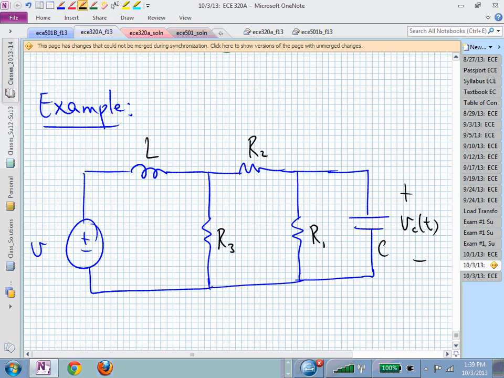You could have two inductors and you'd still have two energy storage devices. You'd have two capacitors. But now you have this possibility of things going back and forth. And what's the order of the system that you're expecting? Second order. So you could say, okay, this has two energy storage devices.